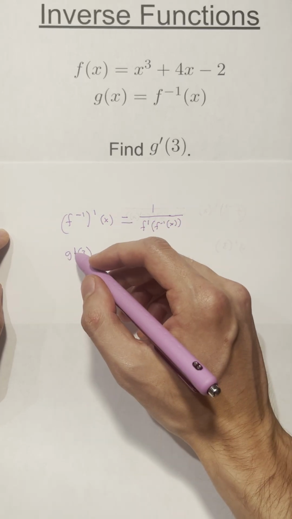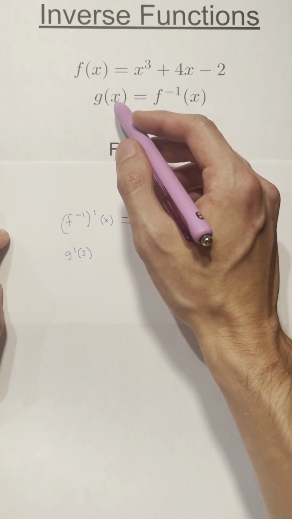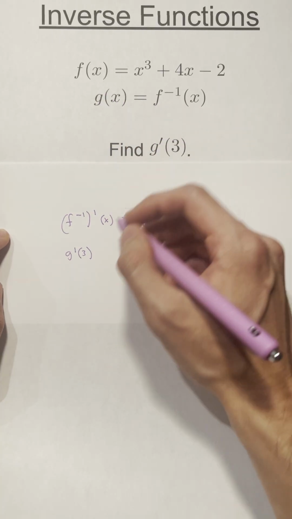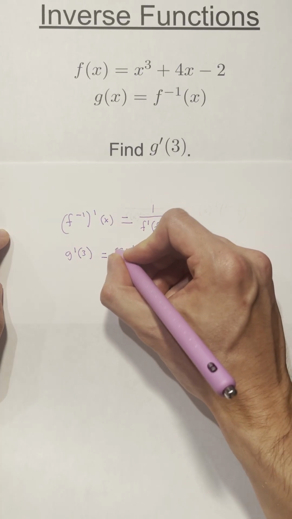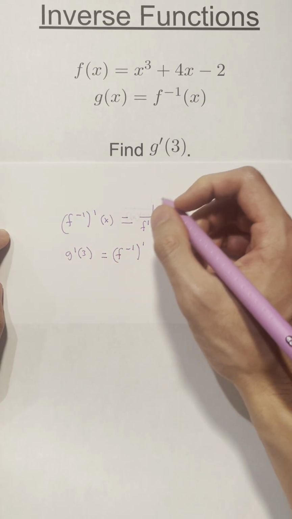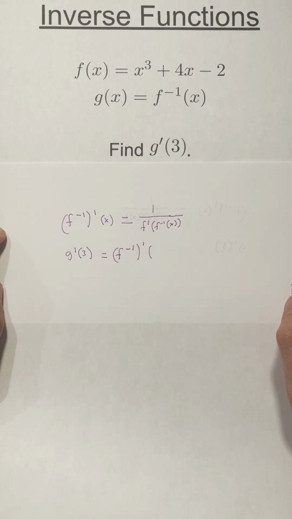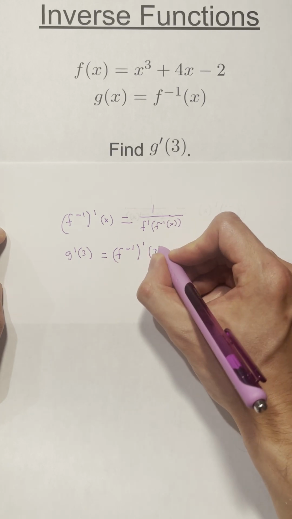So g prime of 3 would be equal to f inverse prime of how much? Well, we're plugging in 3 for x. So 3.